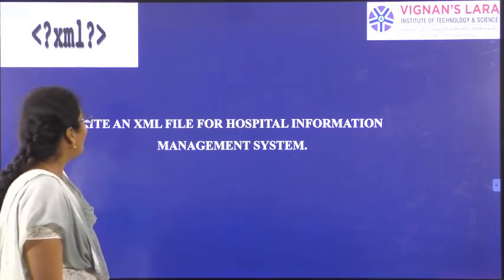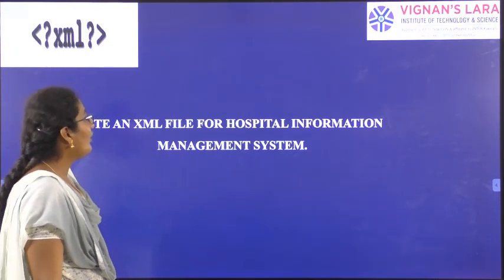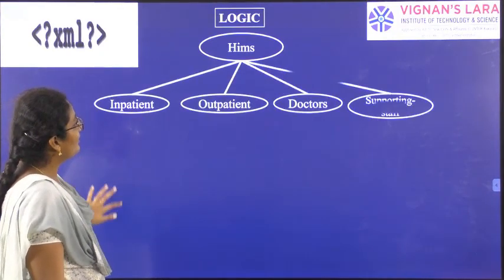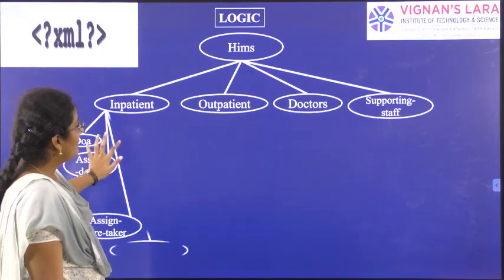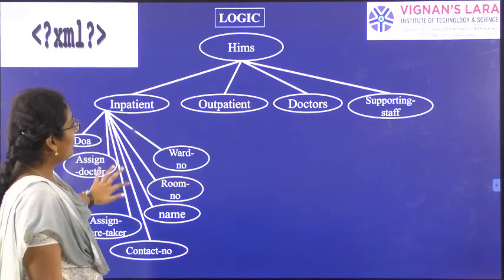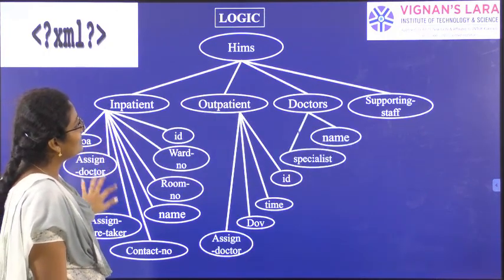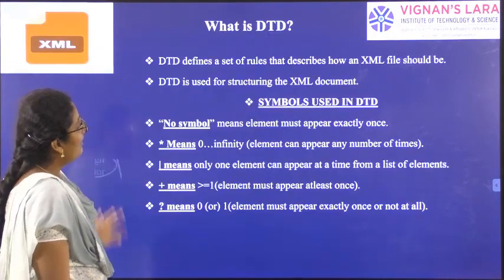Next one, how you can write an XML file for a hospital information management system. See here, this is how you can write the logic for a hospital information management system.